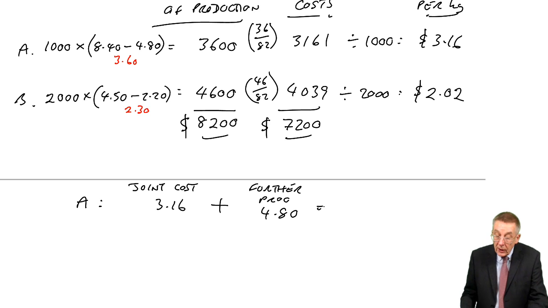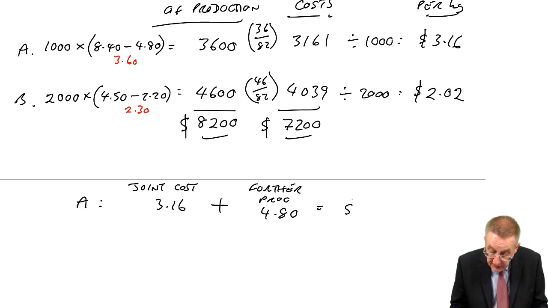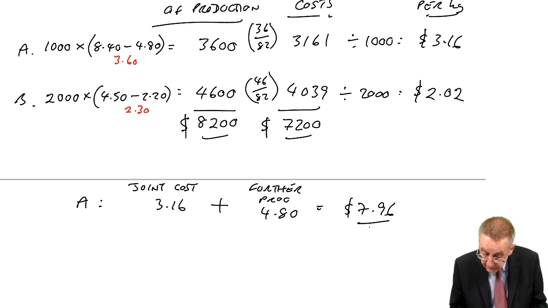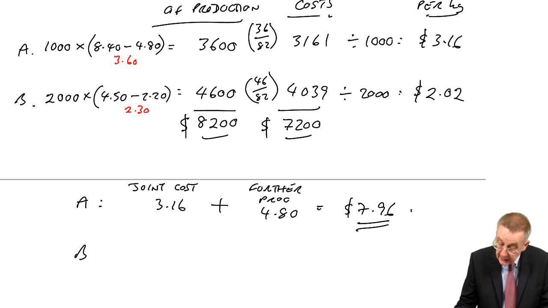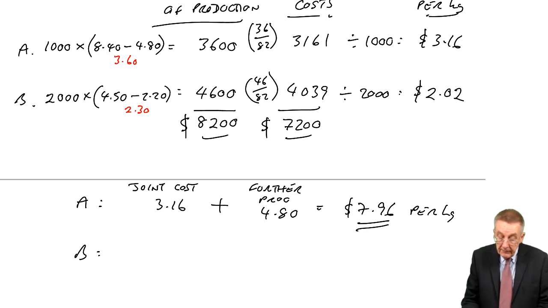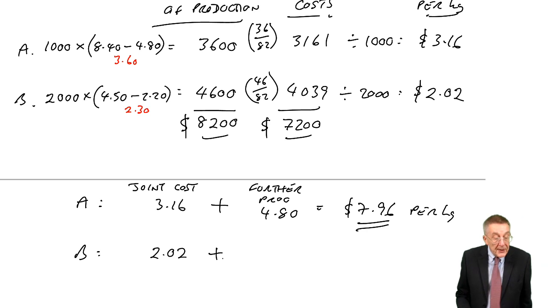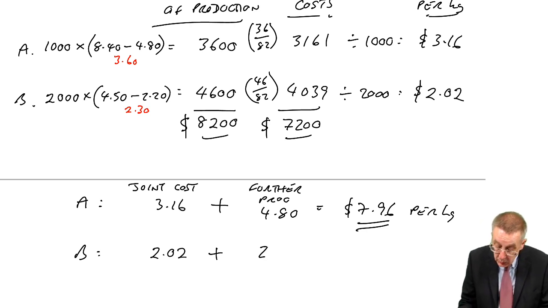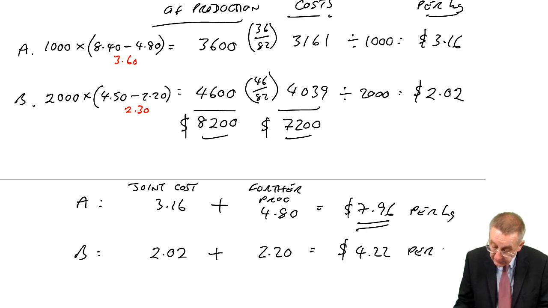So the final cost is $7.96 per kilo. Whereas for B, finally, the joint cost, we put 2.02. The further processing for B is $2.20, giving $4.22 per kilo.